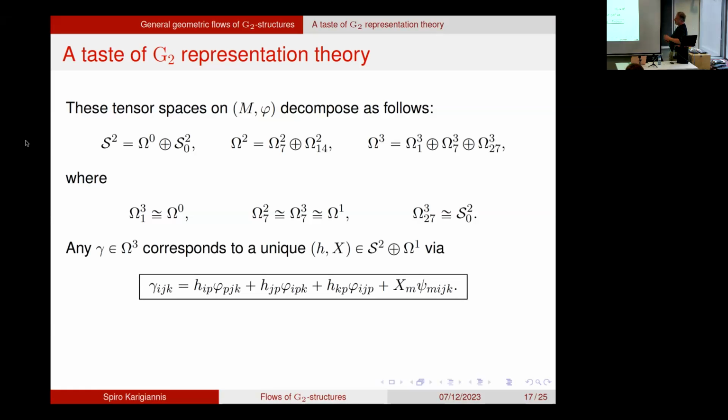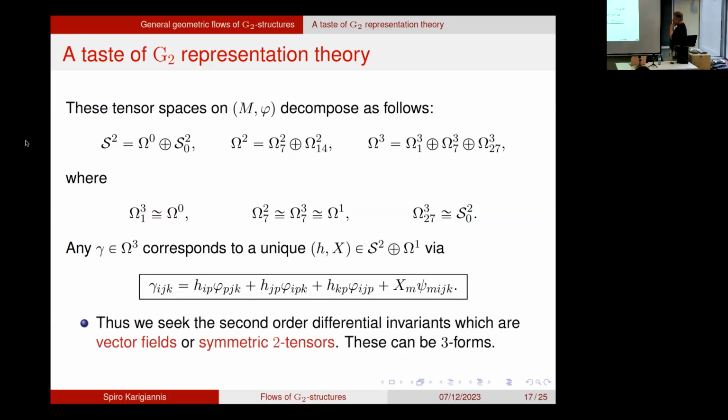Okay? This is every 3-form. If you fix a G2 structure, every 3-form can be written in this way for a unique H and X. And so we want to find all the second-order differential invariants of G2 structures which are vector fields or symmetric 2-tensors. It just makes sense to package these together instead of splitting them into 2 pieces. So these are the ones that can be 3-forms.